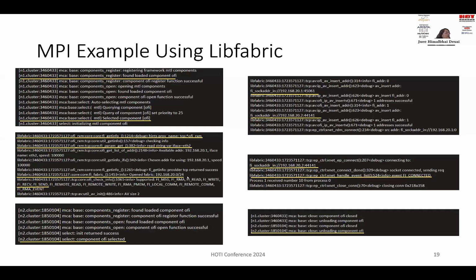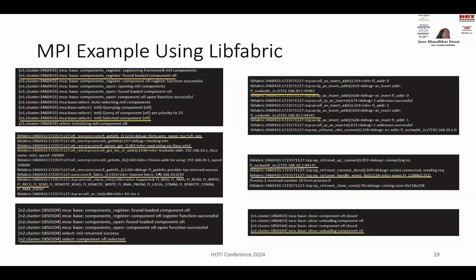It goes ahead and opens a fabric of 192.168.20.0. So this is the fabric on our system that we wanted to use because we mentioned ETH2. ETH2 has this IP address, so that is why it opened the fabric associated with that IP address.